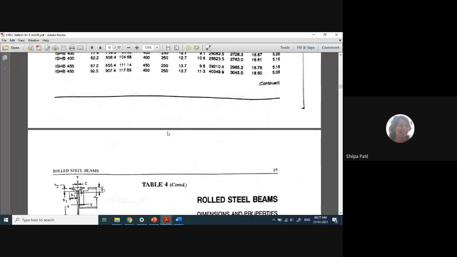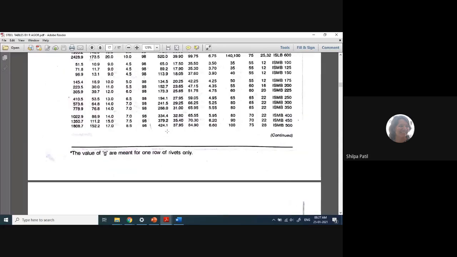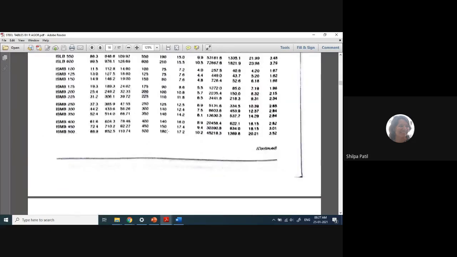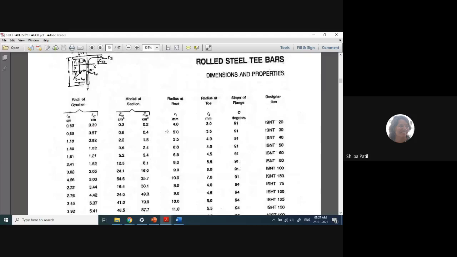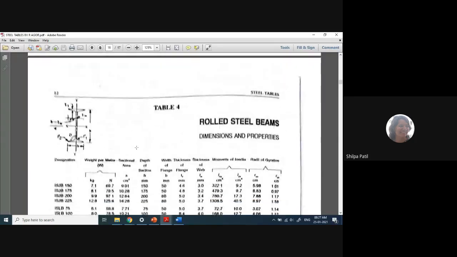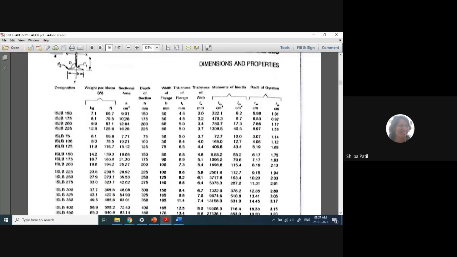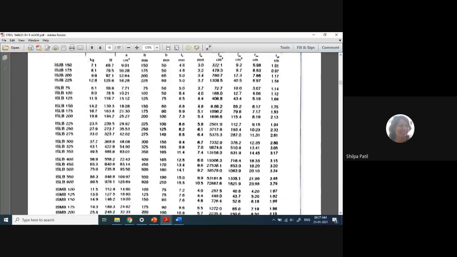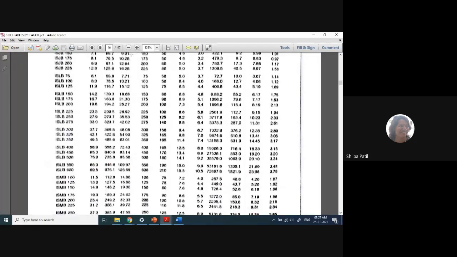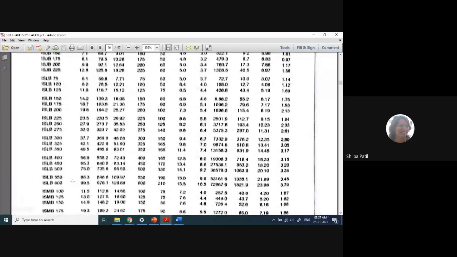So ISLB, now this is the steel table in which I am referring the various I sections. So this is I section and ISLB 450. So let us find out that row. ISLB 450. Can you find this? Can you see this?